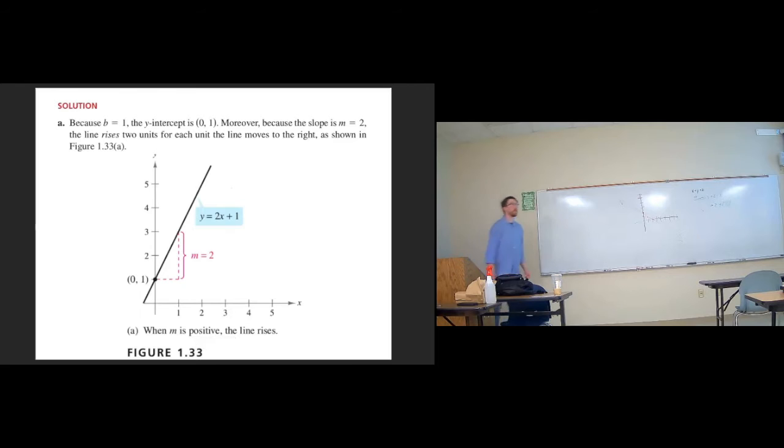For 2x plus 1, our intercept is going to be at 0, 1. Now we're going to go over 1 unit and up 2 because the slope is 2, right? And what the slope is really measuring is the rate at which our y values change as x changes.